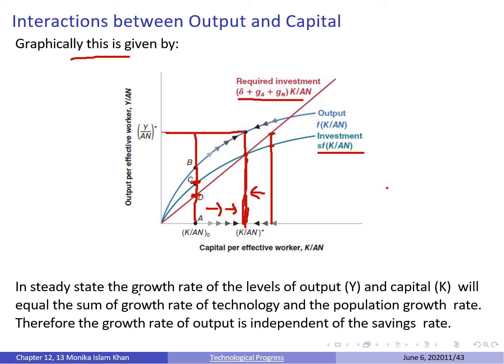So in the steady state, growth rate of output equals growth rate of technology plus growth rate of labor supply or population, and the same goes for growth rate of capital, which again equals growth rate of technology plus growth rate of labor supply.